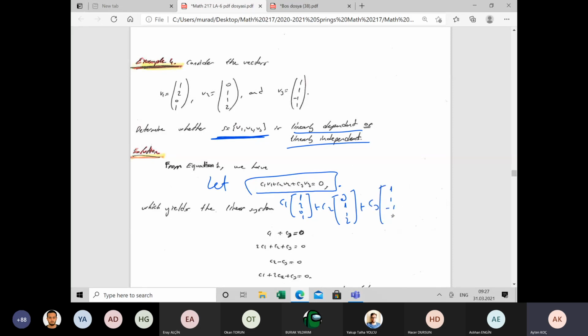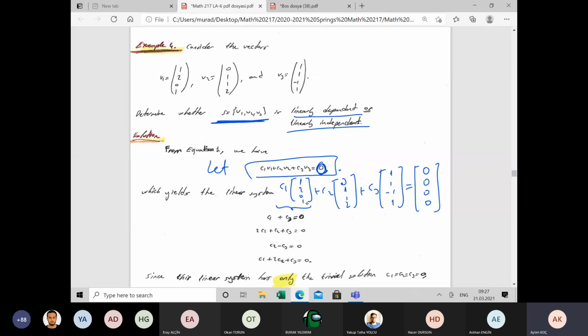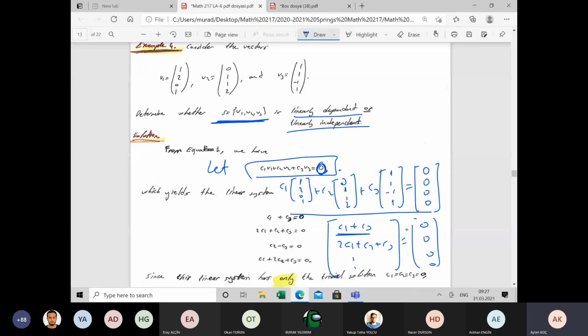So this one is applied, the scalar multiplication, and then the sum of the vectors. So we obtain C1 plus C3 and C1 plus C2 plus C3 and so on, and these should be 0 0 0. The first entry gives the first equation, the next entry gives the next equation, and the last entry gives the last equation.